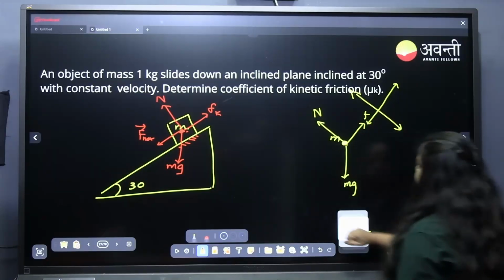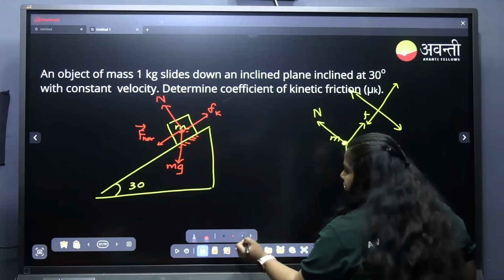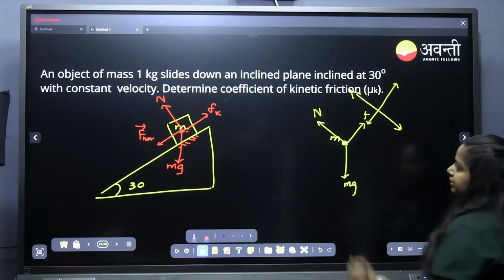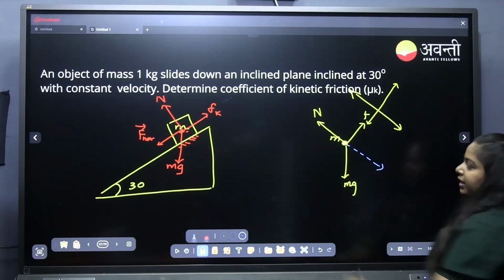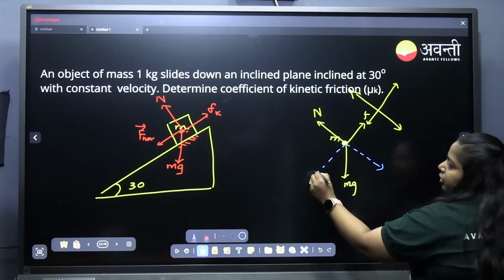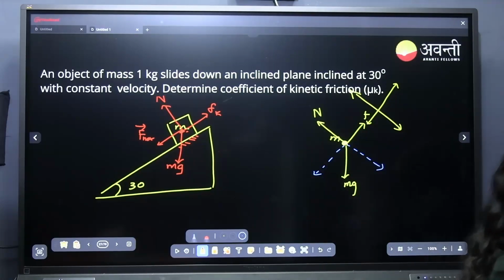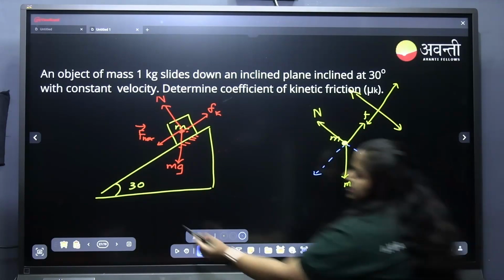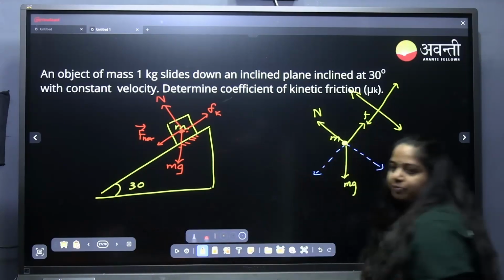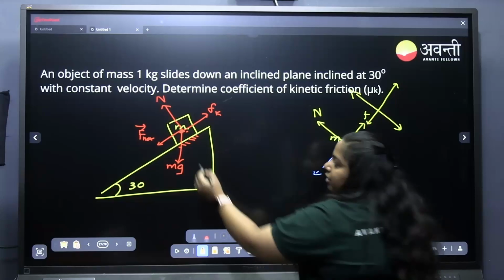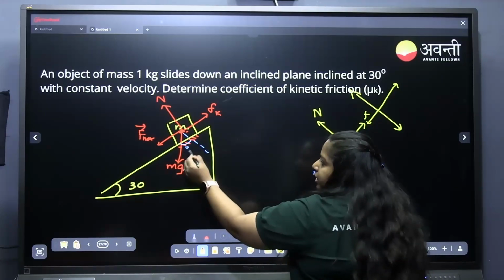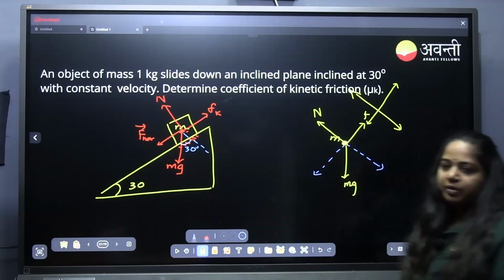Assuming that we can resolve mg into components, one component of mg in the vertical direction, another component of mg in the horizontal direction. Since this angle is 30 degree, this angle will be 60 degree, right? So this angle will be 30 degree.